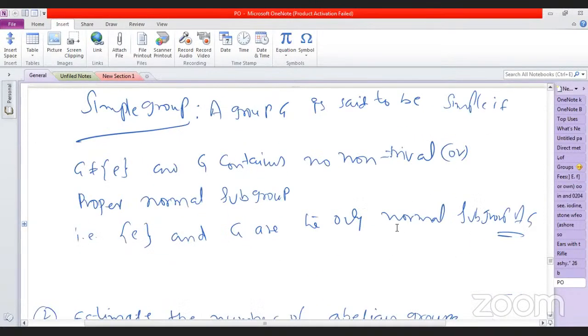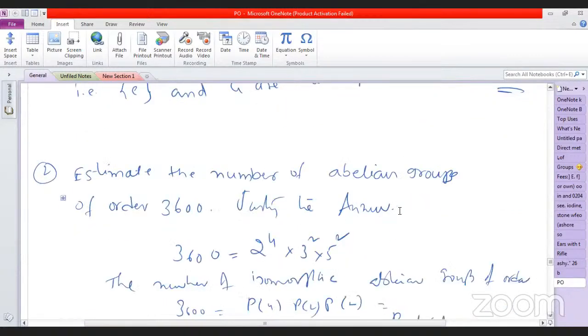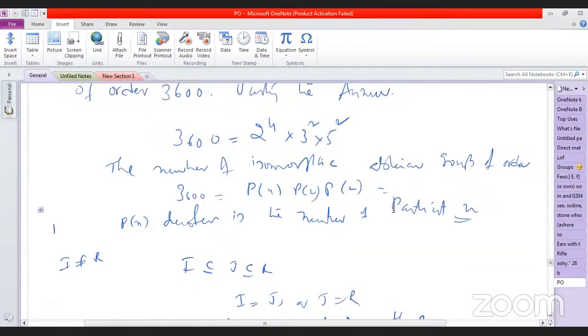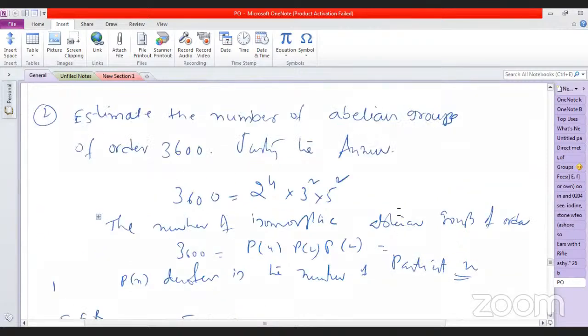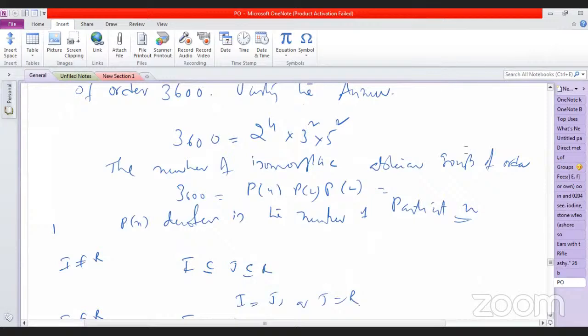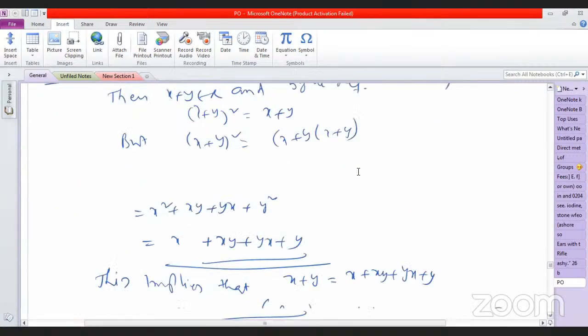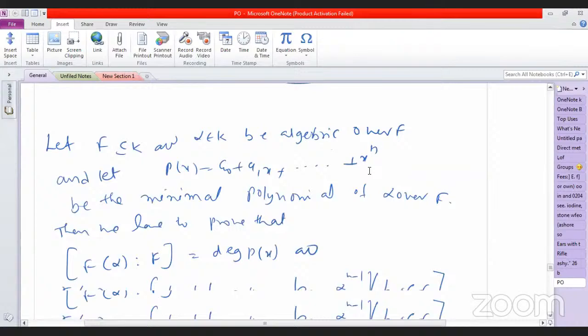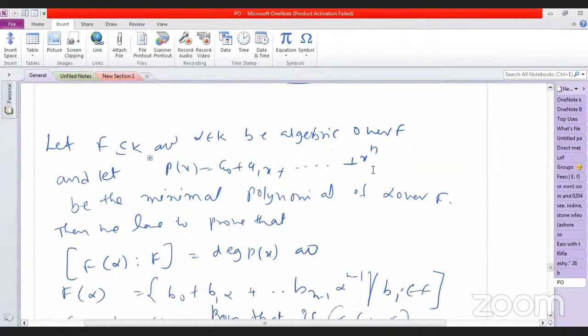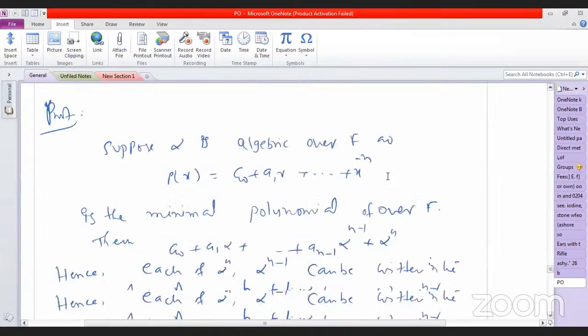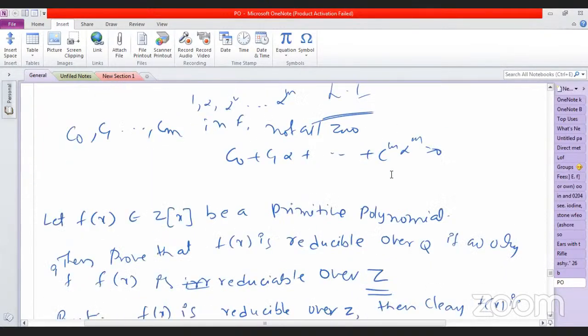See here, simple group today. One, sir. Yes. Next, sir. Estimate the number of abelian. Yes, this I want, sir. Boolean ring next. Yes, sir. This I got. Okay, sir.